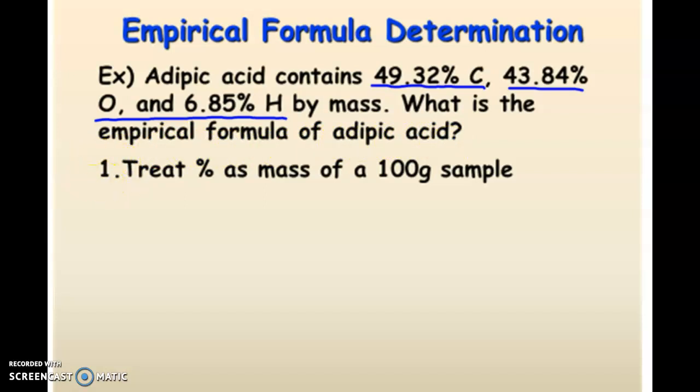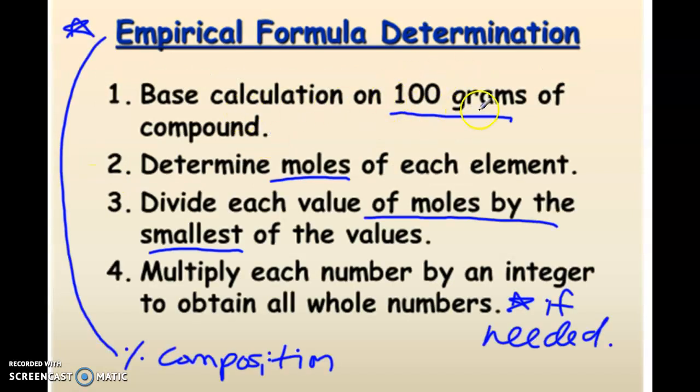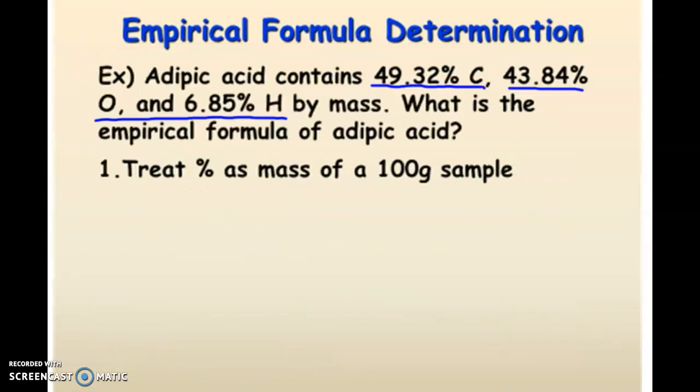Number one, we're going to treat it as if we have 100 grams of that substance. So what that means is we're going to basically take the percentage. So we're going to pretend that the mass of the total thing is 100 grams. Okay. Well, if we know we have 49.32% carbon, if we had 100 grams of it, basically that would mean I would have 49.32 grams of carbon.